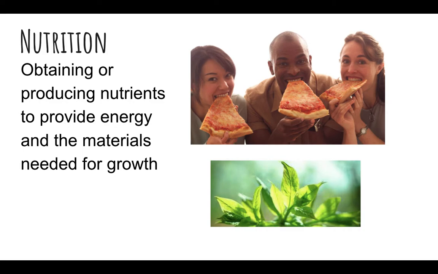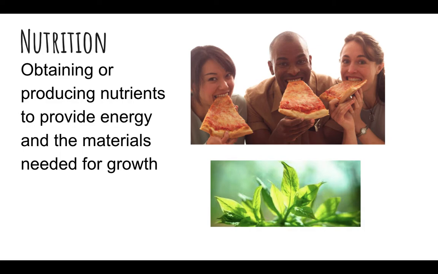So consuming other organisms, or products made by organisms, like the pizza these people have. The cheese, tomatoes are organisms. The flour that made the pizza dough, that's wheat, obviously. So the humans are consuming other organisms, even though that looks like vegetarian pizza.